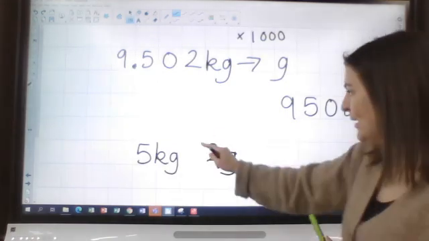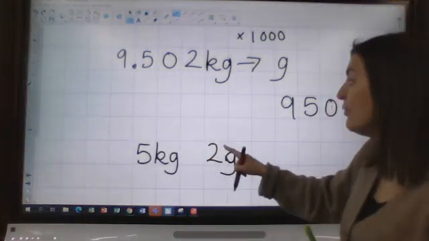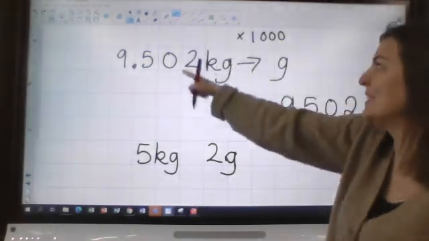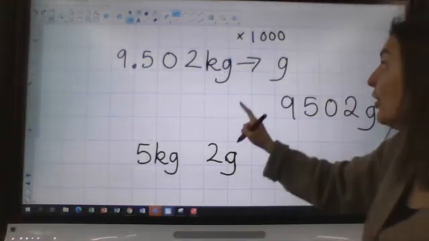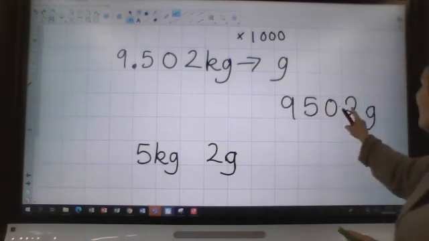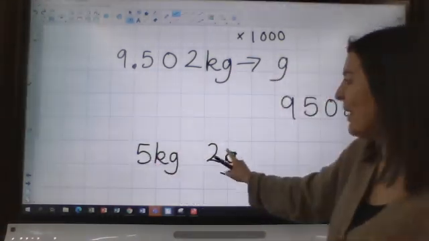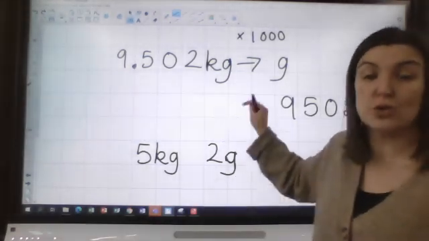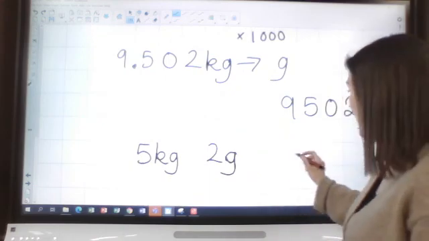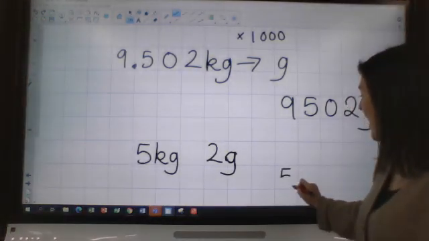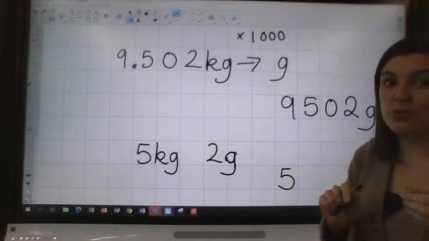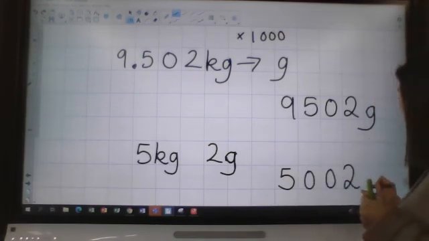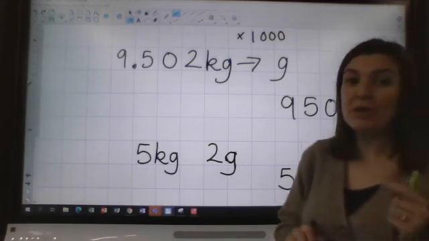This one's 9,502. This one would have been 5,200 because it's only 2 grams. It's not 200 grams. So this one then would be 5,000 because there's 1,000 grams in a kilogram and 2 grams. So be really careful with those ones.